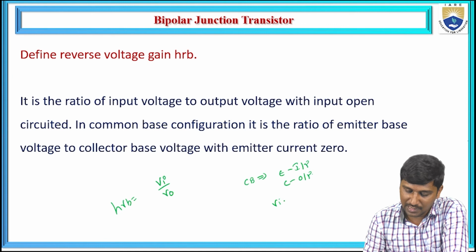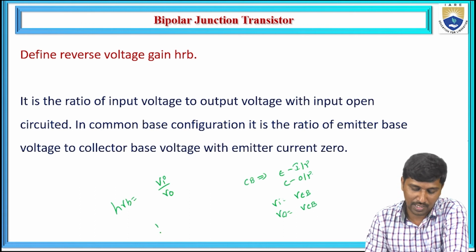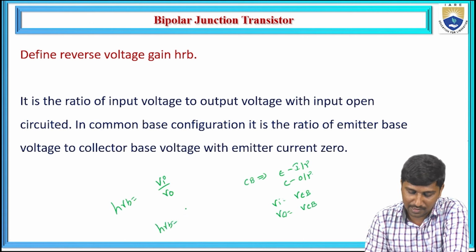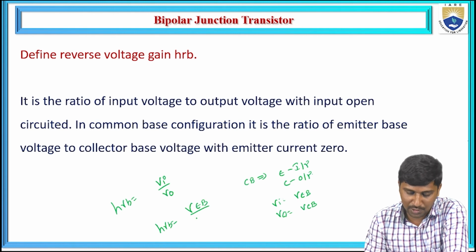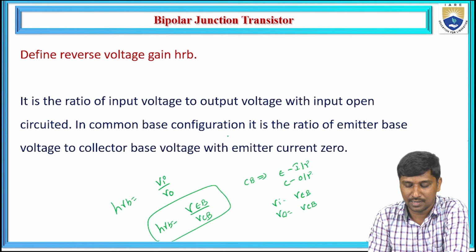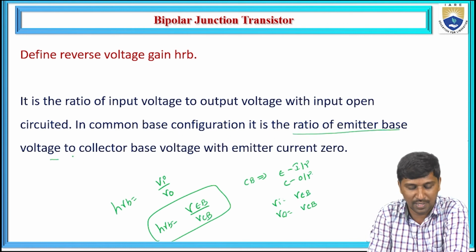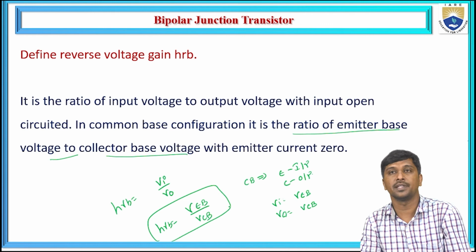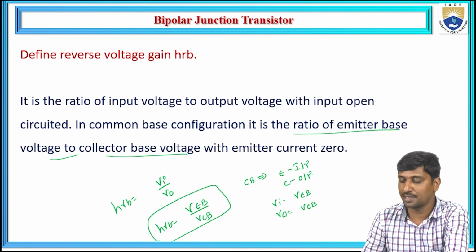So the input voltage is VEB and the output voltage is VCB. Hence HRB is the ratio of the emitter to base voltage to the collector to base voltage when the emitter current is 0.